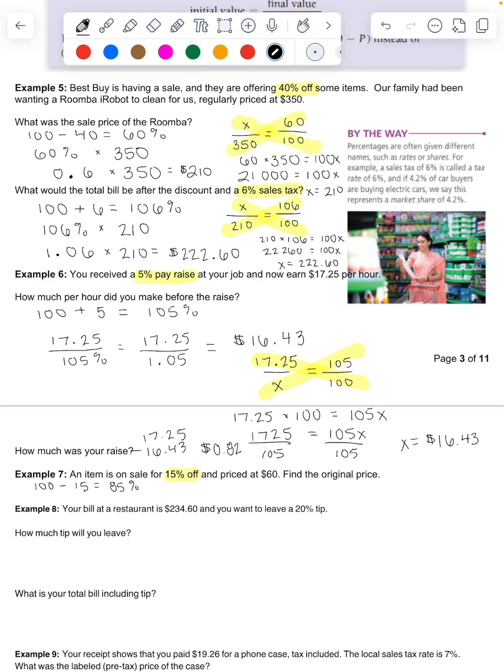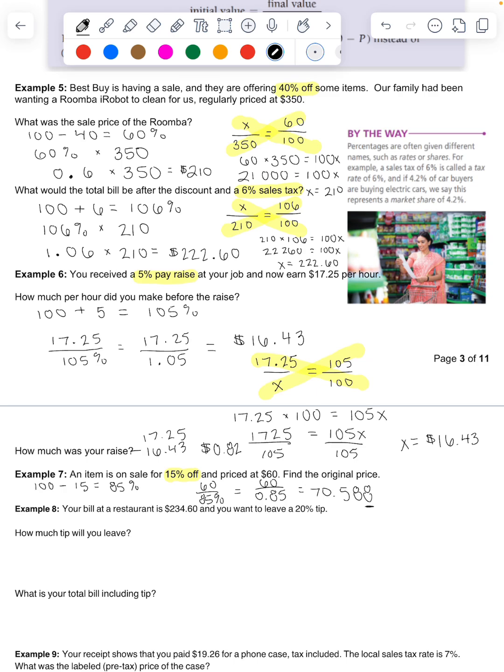So I've got 60 divided by 85%, but 85% I write as a decimal. 60 divided by 0.85, which is 70.588.